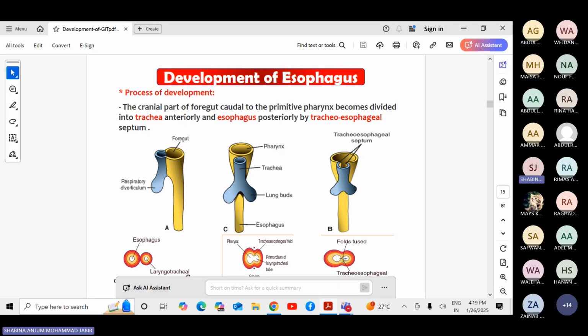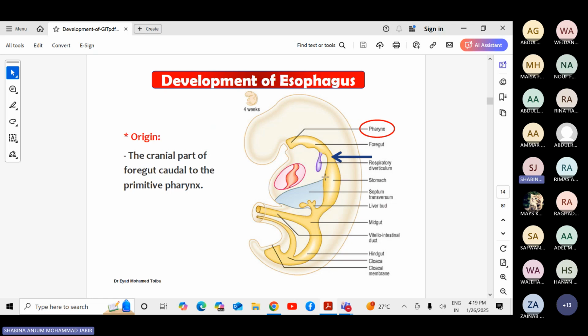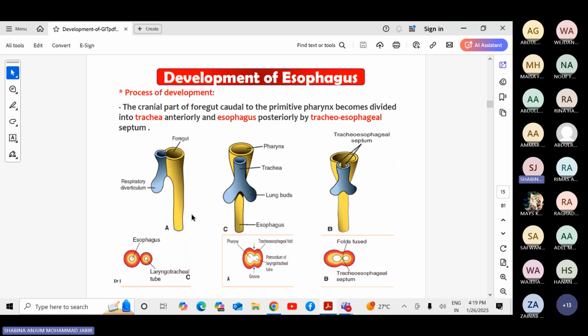At the final stage these two tubes will be totally separated in the form of the esophagus and the laryngotracheal tube. So one tube will be here, one tube will be here, separated by the tracheoesophageal septum. Again, this is the respiratory diverticulum. This will be the trachea, and here we will have the esophagus and pharynx. At this stage you will find both tubes are totally separated.